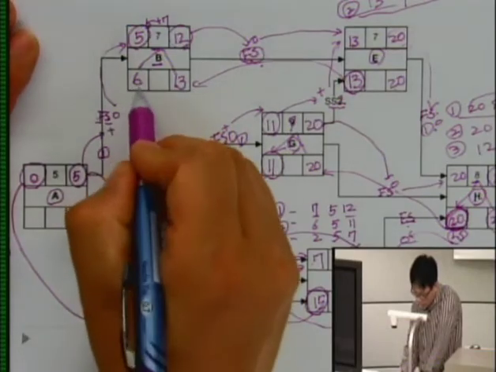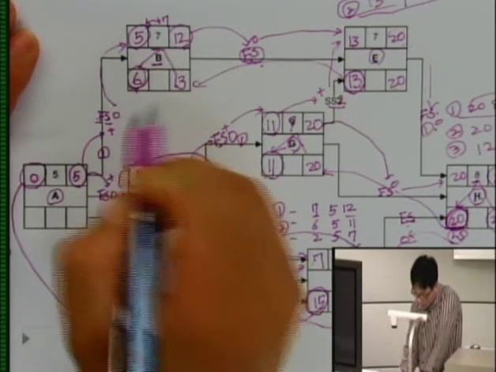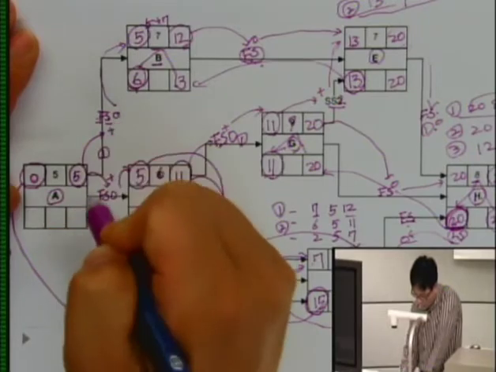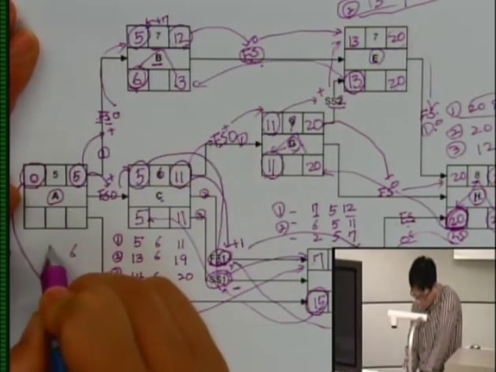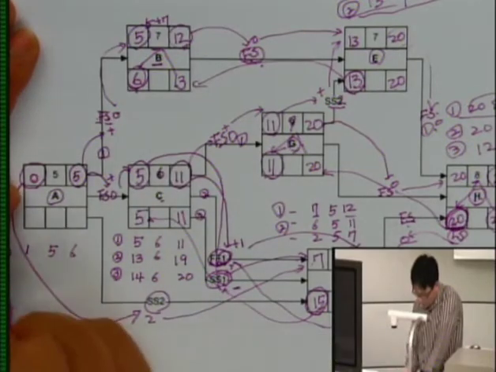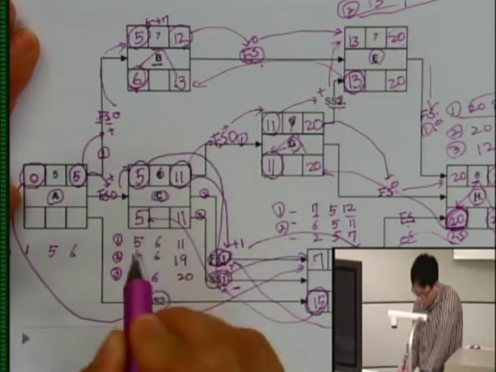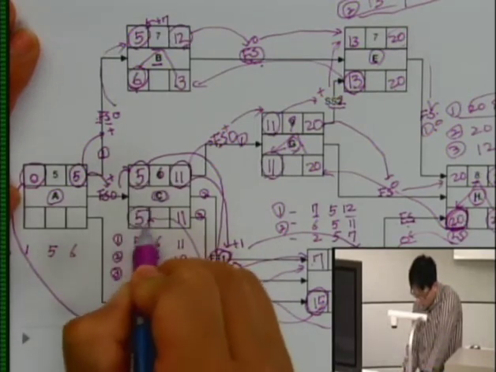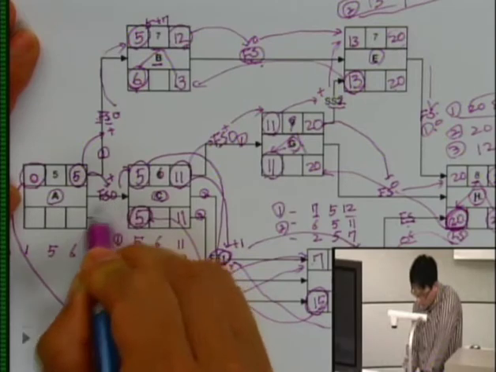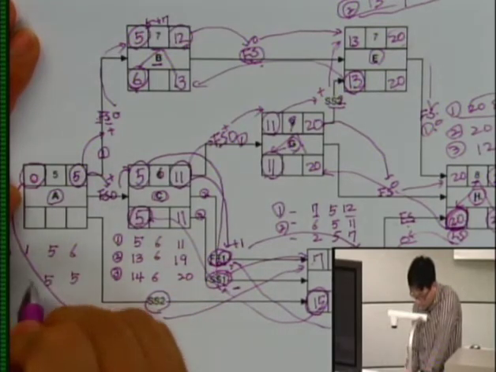So the late start of activity B is 6 minus 0 becomes your finish. So 6, duration is 5, late start day will be 1. Option number 2, finish to start relationship with C. So 5 minus 0 becomes what? 5. Duration is 5. So your late start day is 0.